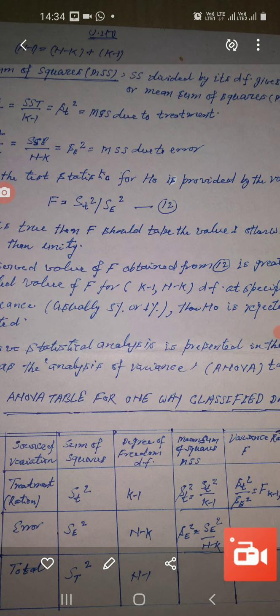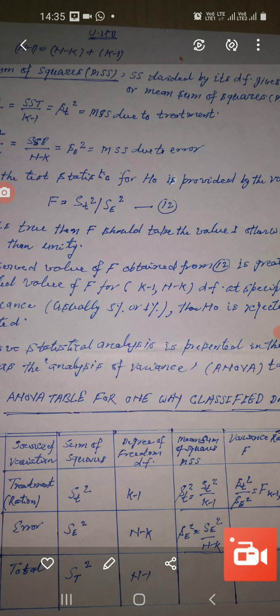So this is all about your unit 1, and in the coming lecture we will discuss the design of experiment: what is the design of experiment, and what are the principles of design of experiment.